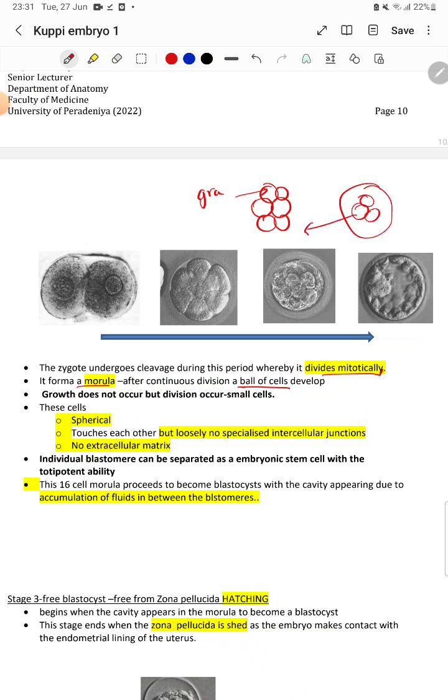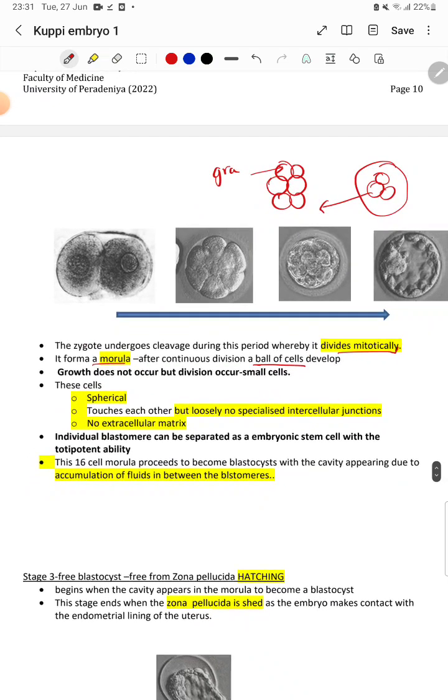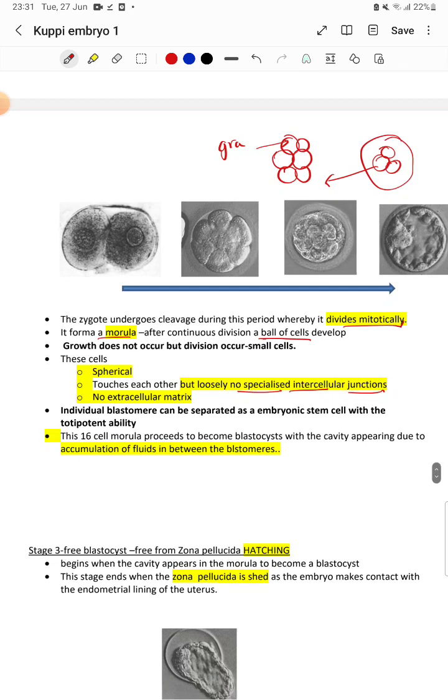The blastomeres are spherical, and they touch each other, but there are no specialized intercellular junctions. They're just loosely touching, and there is no extracellular matrix either.